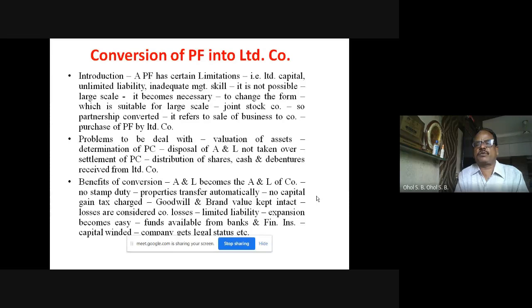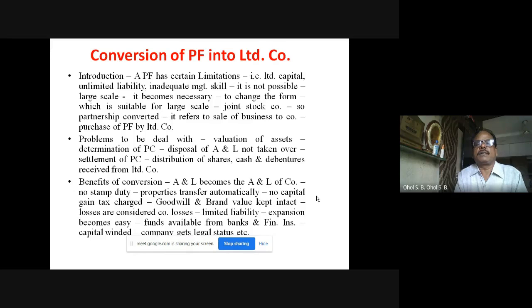The partners entering a partnership firm have some knowledge, but not everyone is an all-round expert, so some partners may not have adequate management skill, and then problems in the management of the firm can arise.